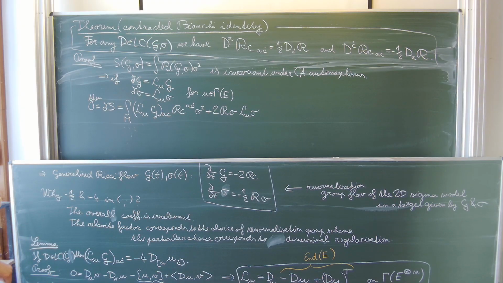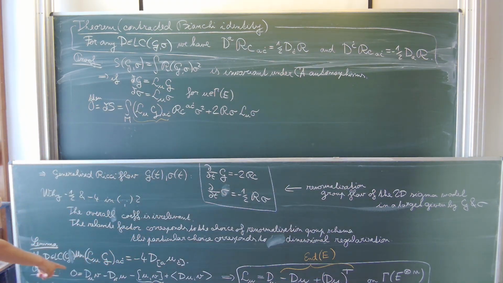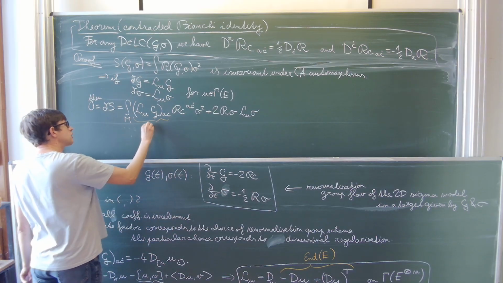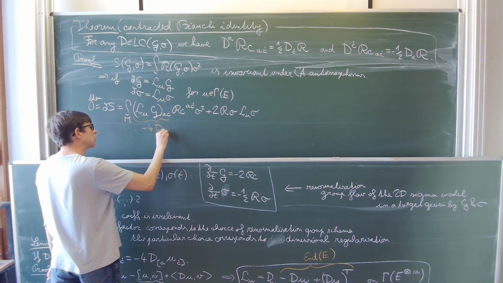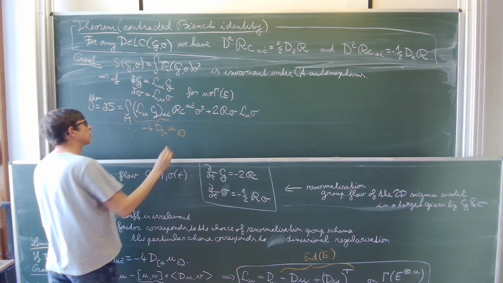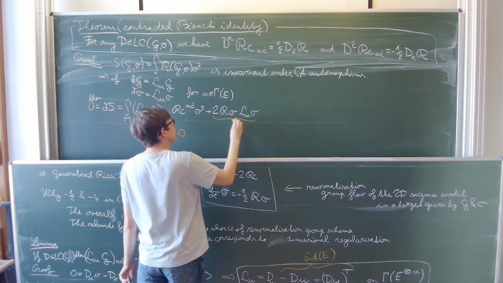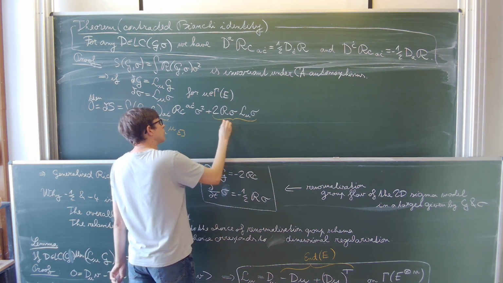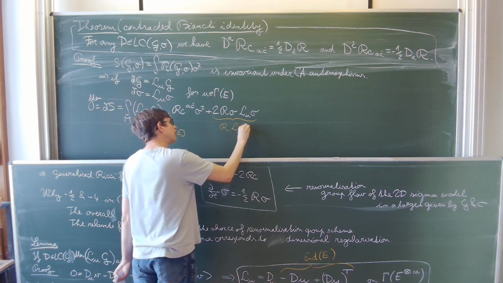First of all, we can use the formula we had there in the lemma to say that this is minus 4 this. And second of all, we can write this thing as, well, we have sigma, and we have 2. So that begs you to write it like this.